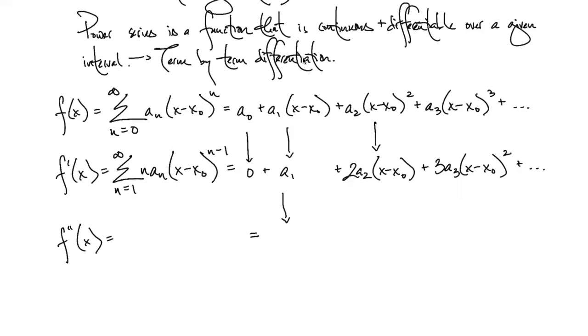The derivative of a sub 1 is going to be 0, plus the derivative of 2 a sub 2 times x minus x naught. That's just going to be 2 a sub 2. All right, what about that third term? If I take that derivative, what am I going to get?